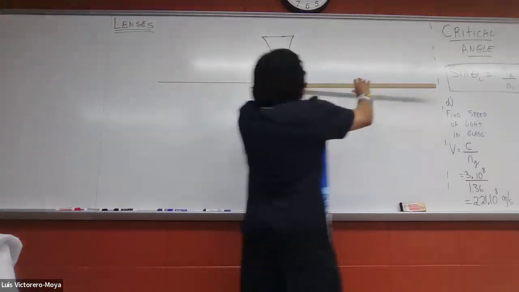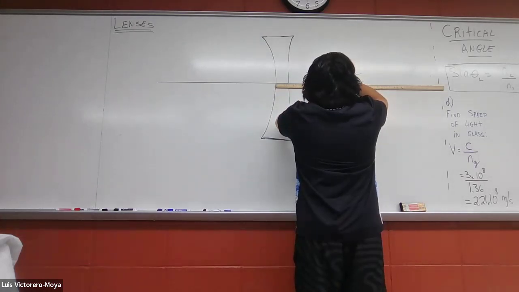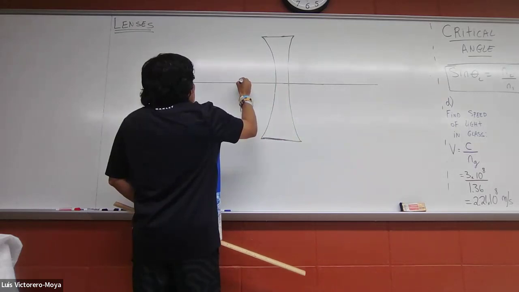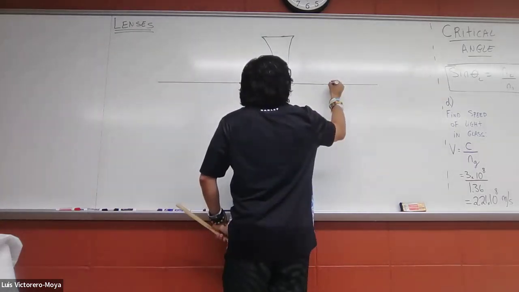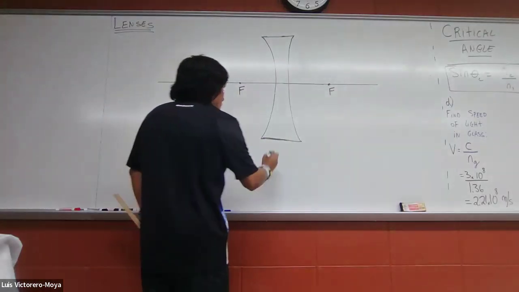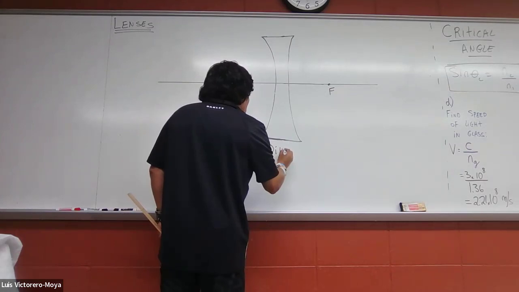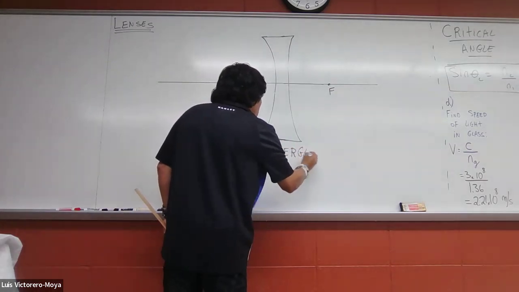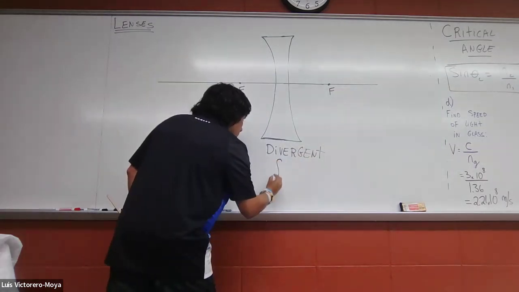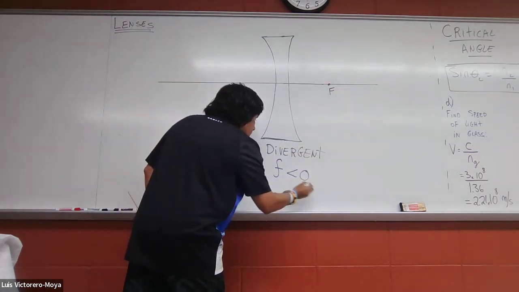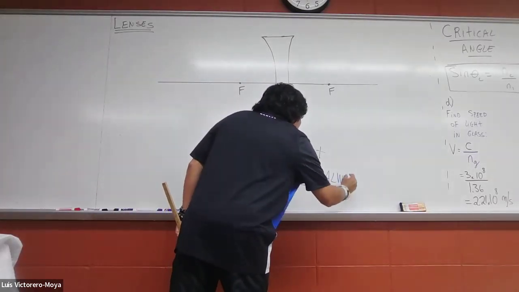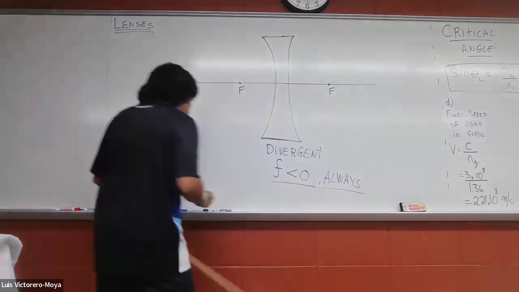And just like a convergent one, it has two focal points. Now, because this is divergent, the focal length is negative, always. Okay?